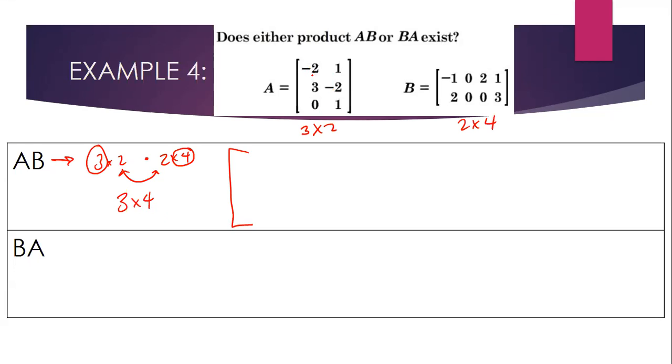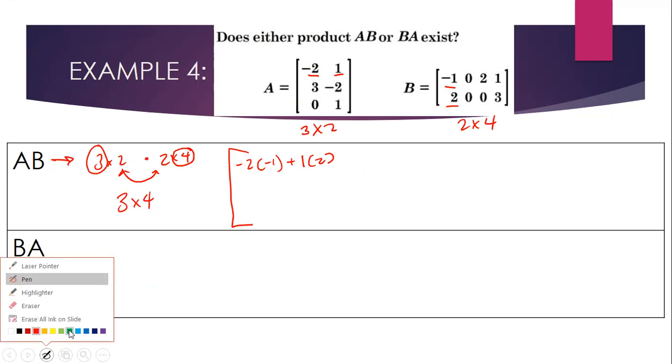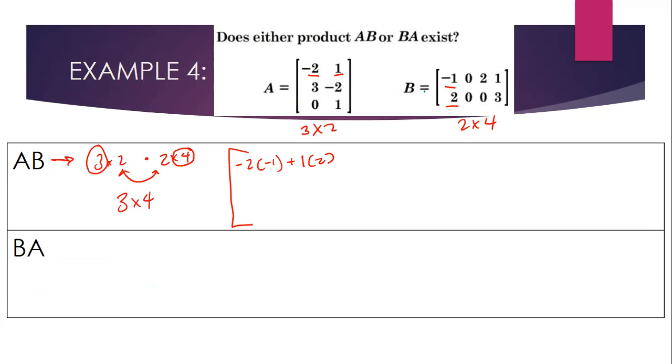So my first element comes from -2 times -1 plus 1 times 2. That's my first element. My second element is going to come from -2 times 0 plus 1 times 0.